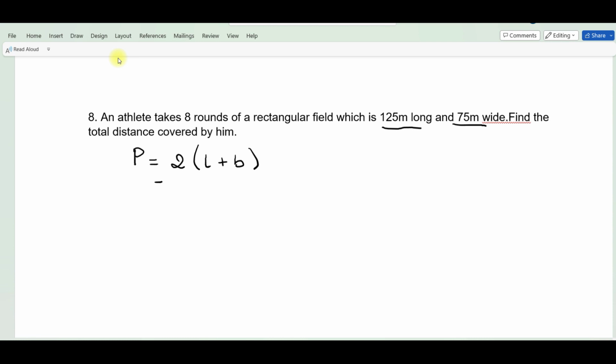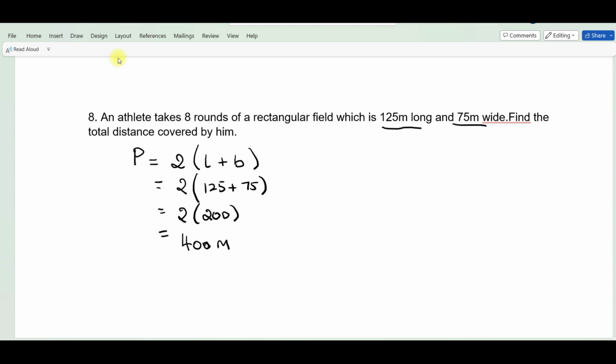Substituting that, 2 into (125 meters plus 75 meters) would give me 2 into 200. Adding these two, I would be getting the perimeter of 400 meters. So this is the perimeter of the field, that is for one round.